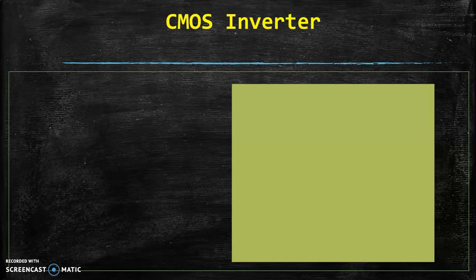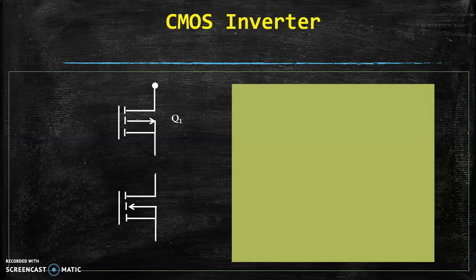Now let us see one of the circuits we implement with the help of CMOS, that is a CMOS inverter. We use one P-channel MOSFET, that is Q1. At the same time, we use another MOSFET, an N-channel MOSFET, that is Q2.